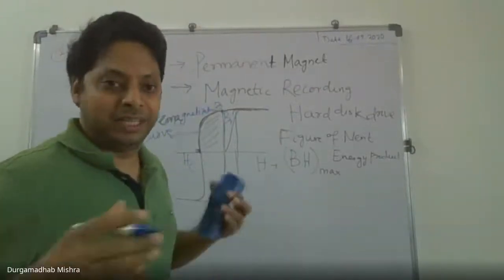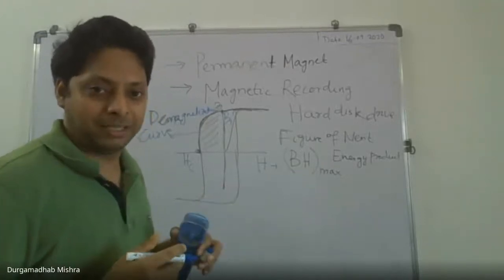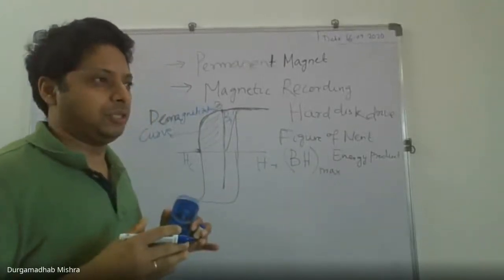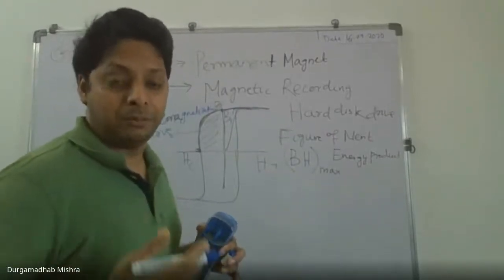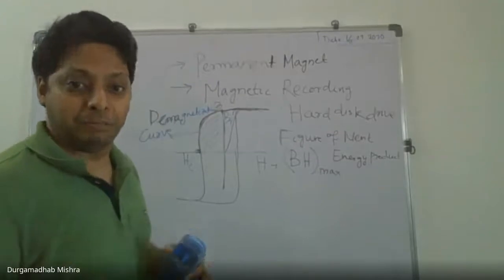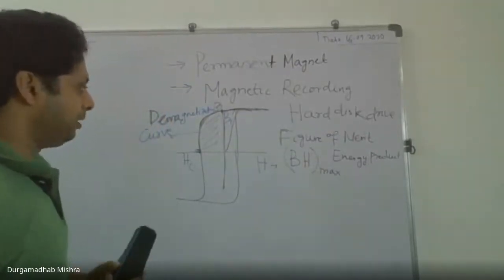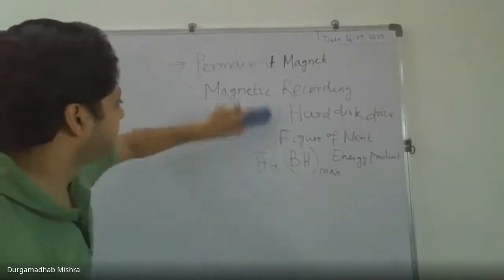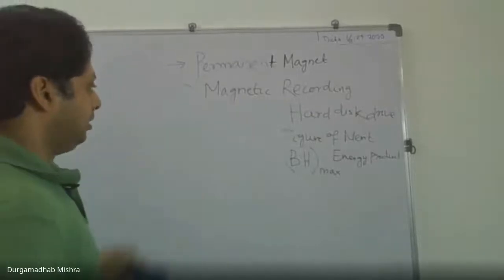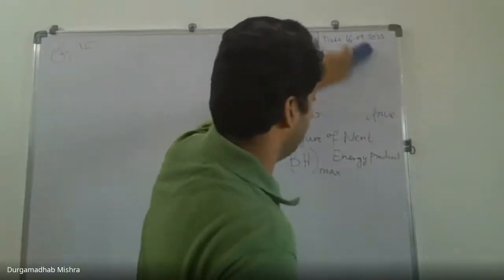So how do we? There are many things related to this while designing a permanent magnet. I will discuss only one part, how development of materials led to better permanent magnets. To understand that, we take a simple magnetic circuit. Okay, we'll come back to this BH max in a moment.